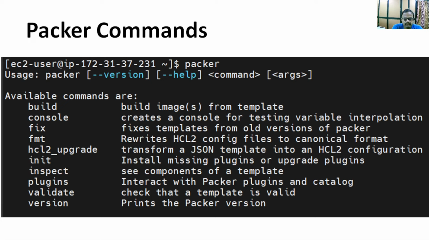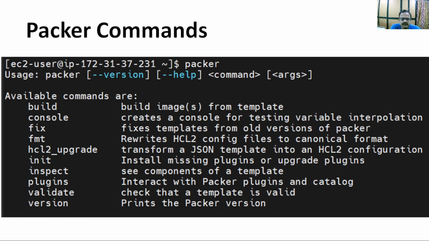Well, if previously your organization was maintaining some Packer files in JSON, and now you don't know JSON and you want HCL, then what to do? You can go with this beautiful option, hcl2_upgrade.